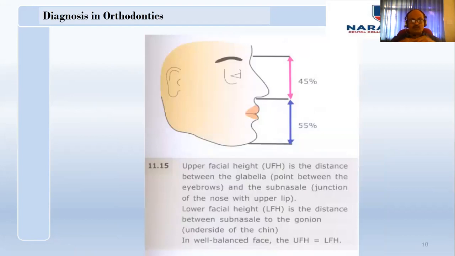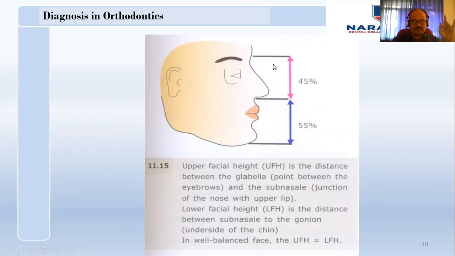Sometimes we divide the proportions into halves, upper facial height and lower facial height. Usually the lower facial height is a little bit, around 10%, in excess compared to the upper facial height. Upper facial height is drawn from the glabella to the subnasal.